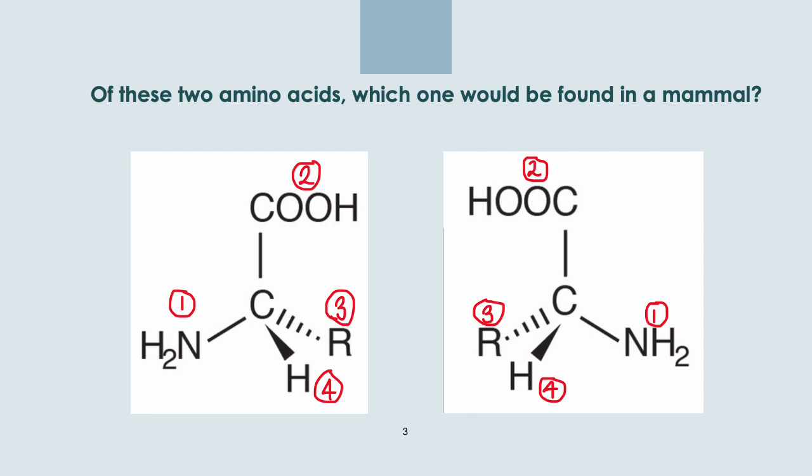A common question type that you'll be seeing in practice is the question that we have above. So let's work through that and see where we get. Of these two amino acids, which one would be found in a mammal? First off, we know that a mammal is a type of eukaryote, and we just talked about the fact that in eukaryotes, we are only going to be seeing L-type amino acids.